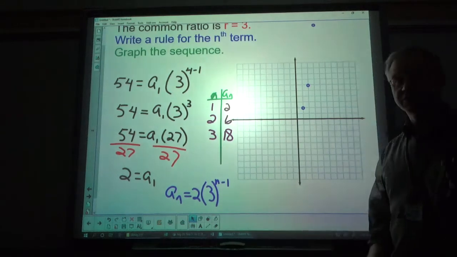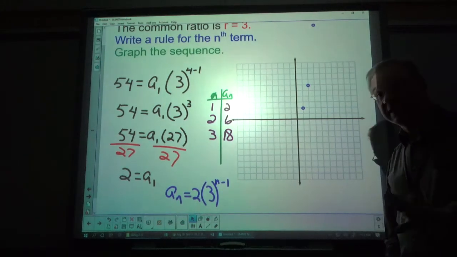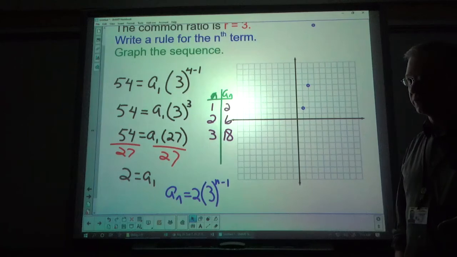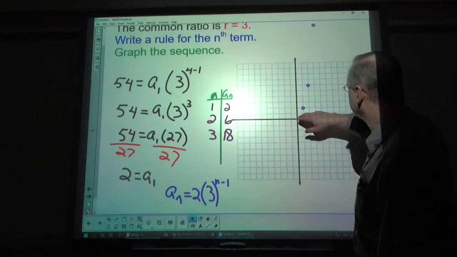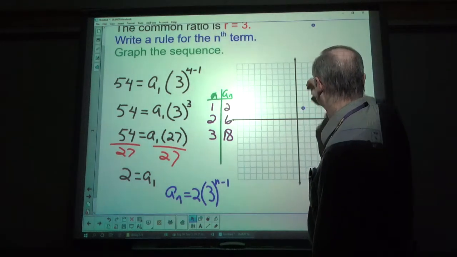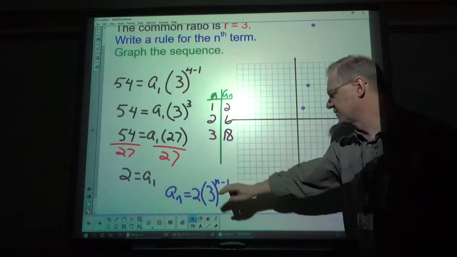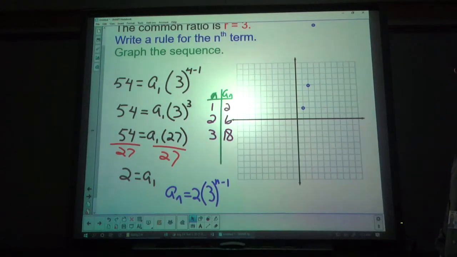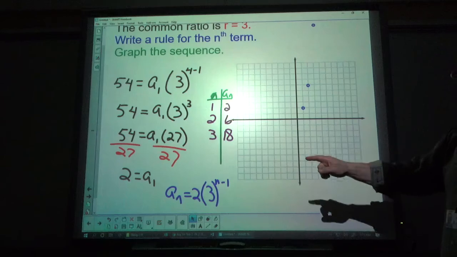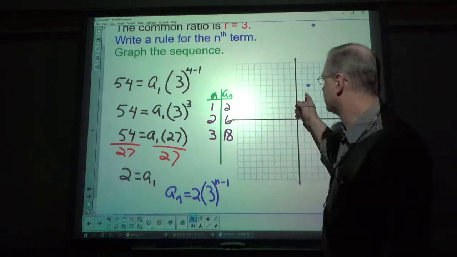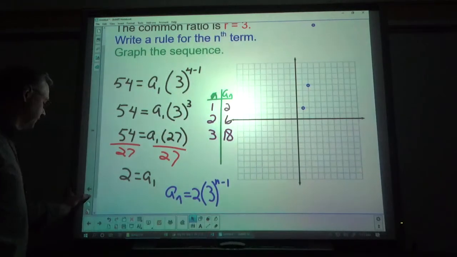And if we were to draw the graph connecting these, which is not what we're doing, you can see this is a curve instead of a straight line like the last one. This is geometric, or really it's more exponential to me, because it's an exponential function. Okay. There is the graph, and remember you don't connect these because only the dots are the graph.